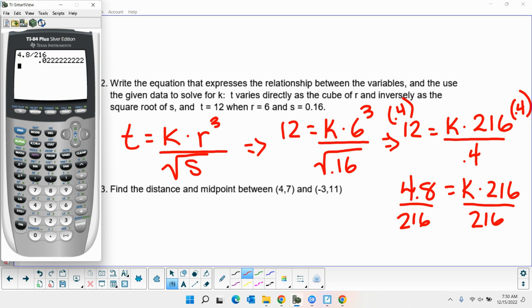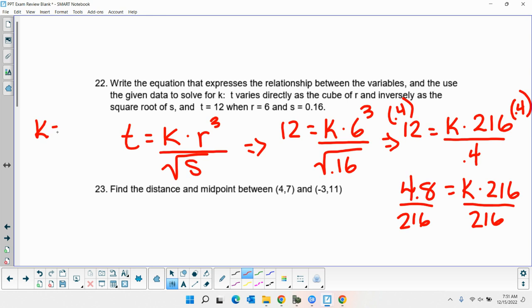Yeah, 0.02 repeating. If you want to write the fraction, hit math and hit enter twice. 1 over 45. Either way is fine. Okay? Remember those? So you have one of those tomorrow on your exam.